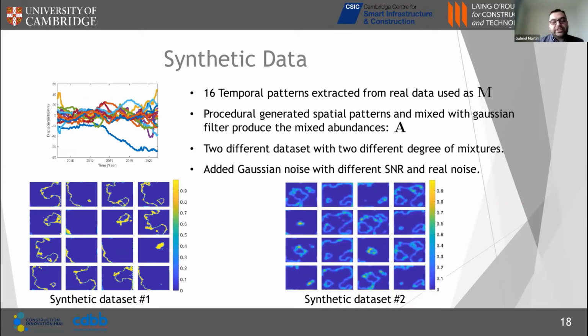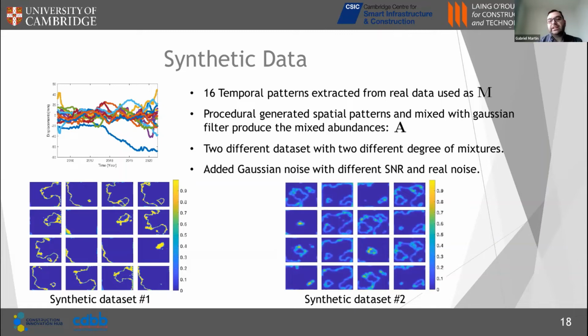So you can see that there are totally yellow points, which means that there is only one pattern in that place. However, in the case of synthetic dataset 2, you can see that it is much more mixed. You don't have totally yellow points. The points are light blue or green.